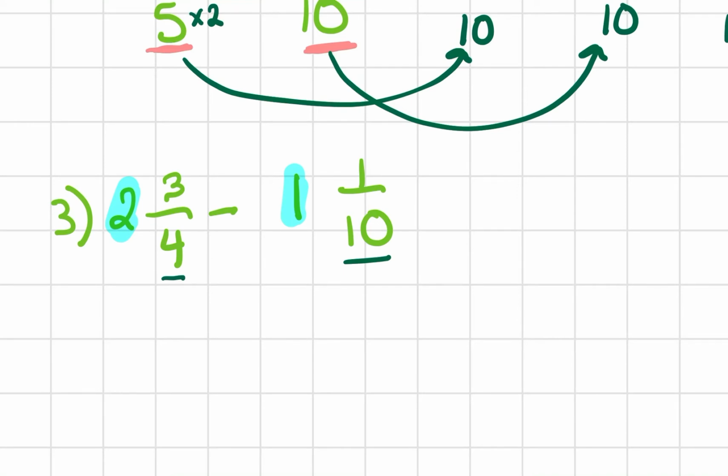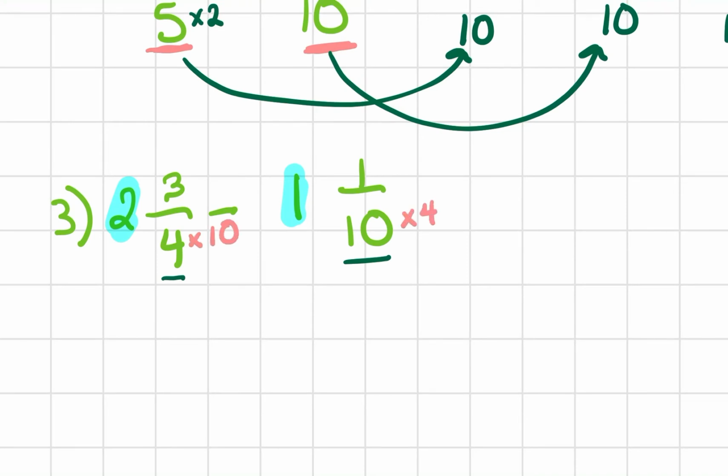Now, just off the top of my head, I don't actually know what 4 and 10 both go into. So a helpful trick that I usually teach my students, in order to save yourself some time, is: if you're not sure what a common denominator is, multiply the denominators by each other.